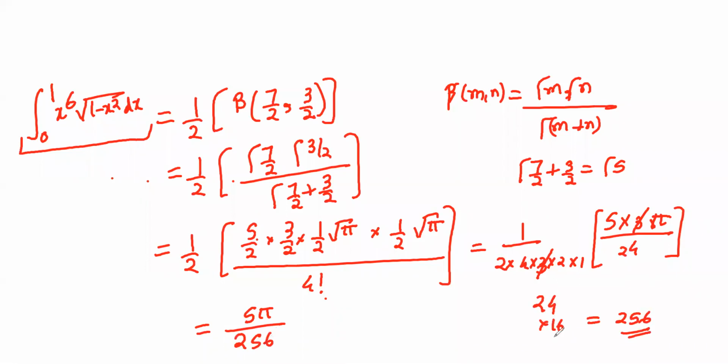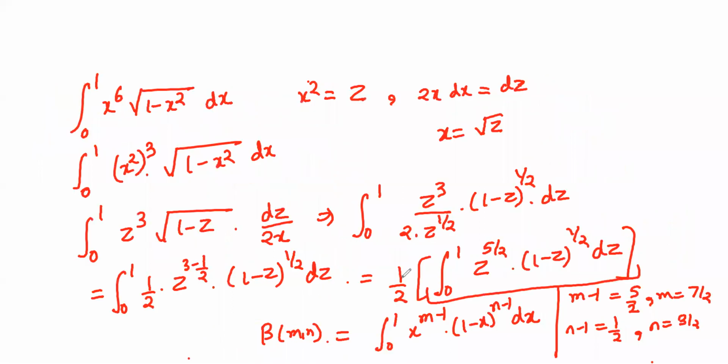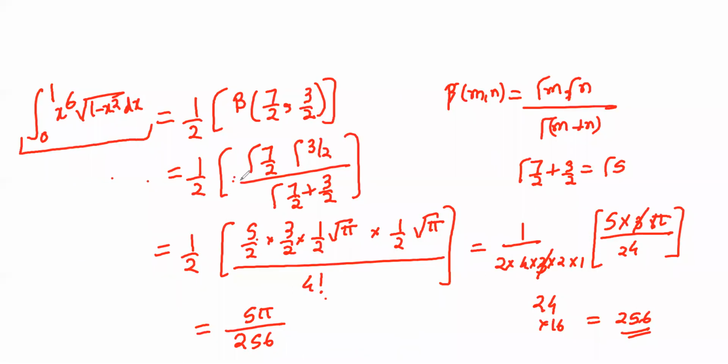16 into 4, then 32. This is how much? This is 1068? No, we have missed a 1 by 2. Here also 1 by 2 comes. So this is 1 by 2 we missed.